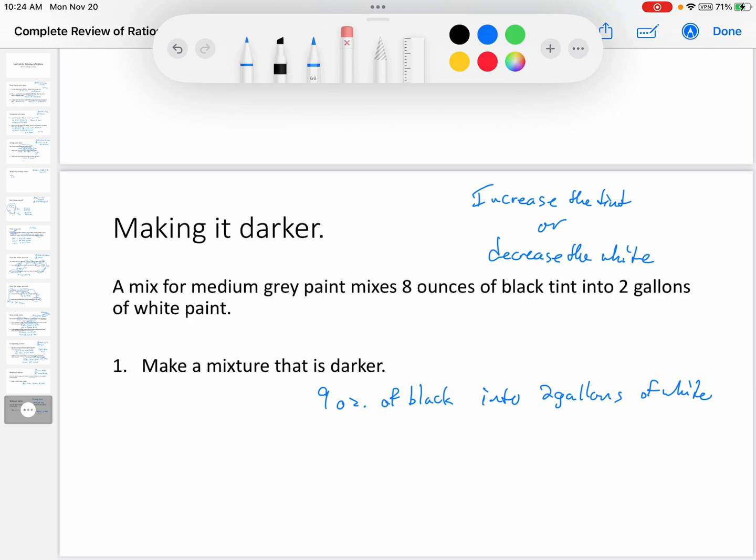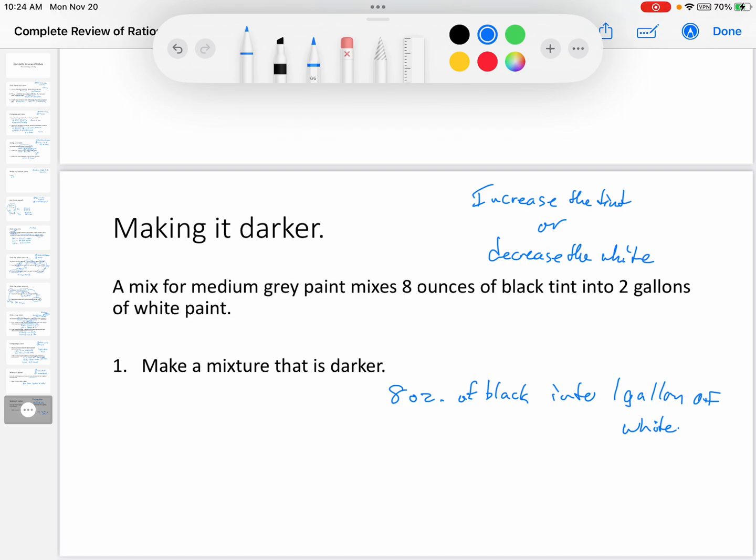Or I could decrease the white and say 8 ounces of black into 1 gallon of white. Or do both, and you could say 9 ounces of black into 1 gallon of white, or other combinations like that. That's the idea. If you have any questions, make sure you contact your teacher.